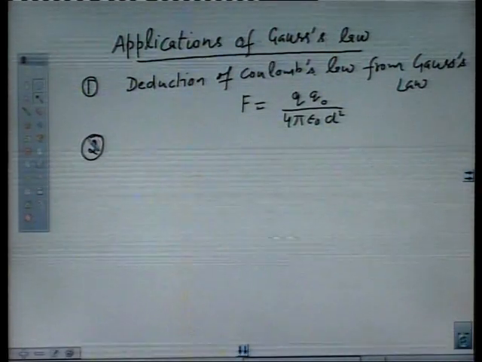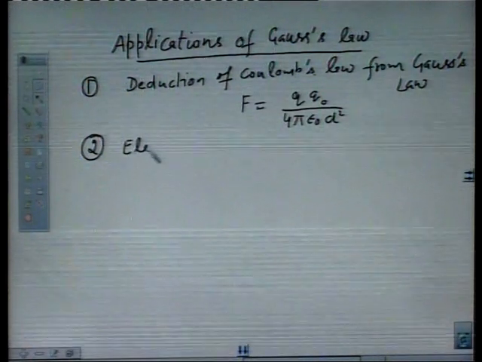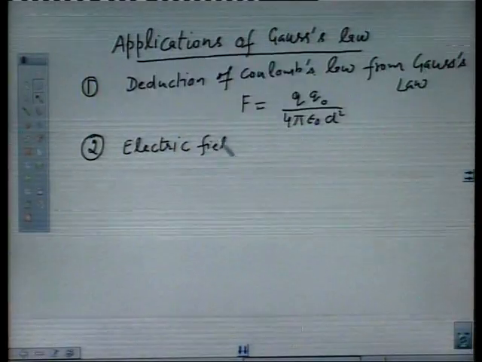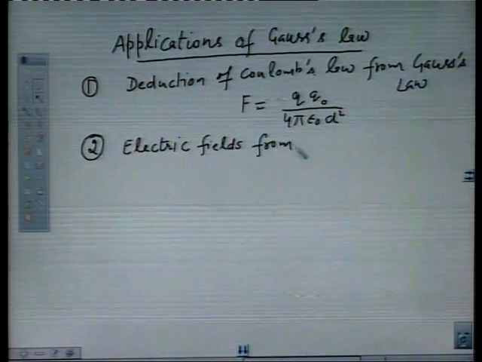Second, we can find various types of electric fields from Gauss's law.